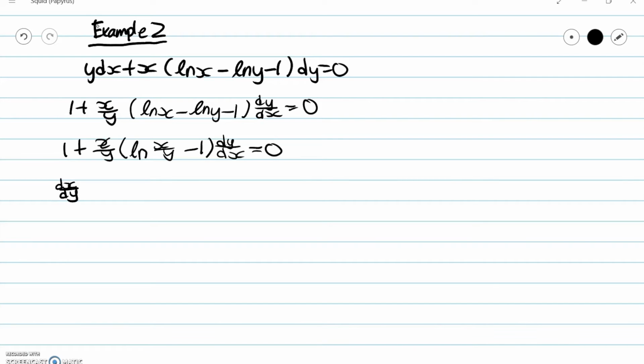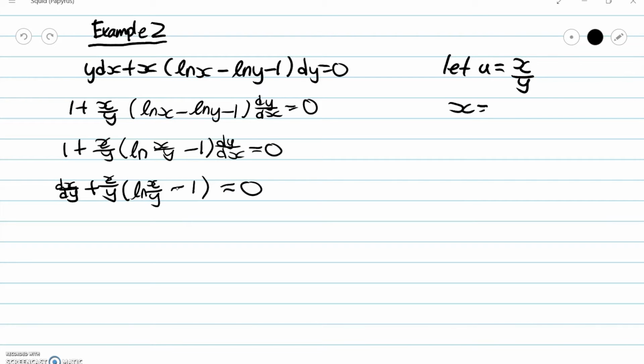We then multiply everything by dx over dy. Now by getting this form, we can replace it. So we let u equals x over y, which gives us x equals uy. Take that derivative: dx/dy equals u plus y du/dy.